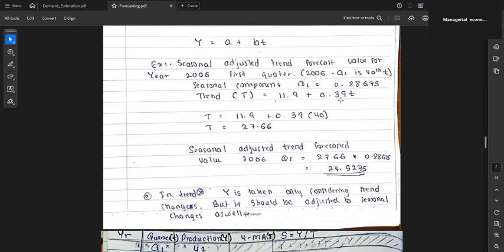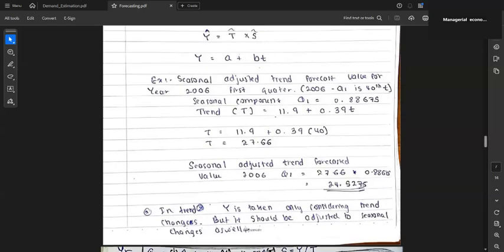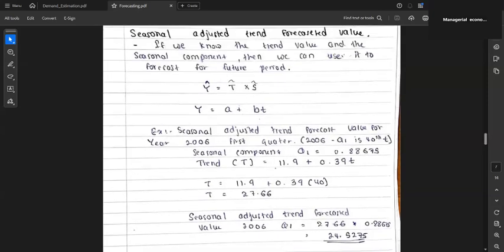So you are assuming that the dependent variable y is changing only because of the trend component. That is not correct. So we have to adjust it for seasonal changes as well. That's what we are doing here. That's why we say it's the seasonally adjusted trend forecasted value.